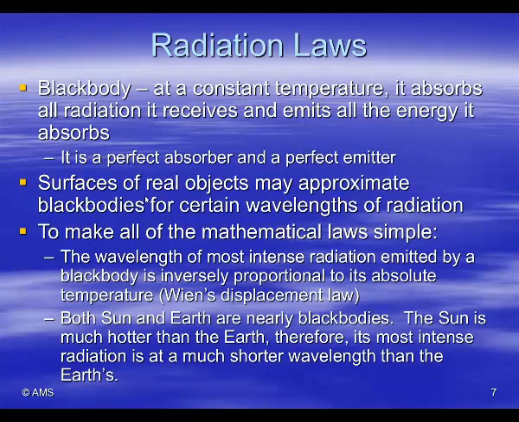So we need a few more definitions. One is a black body. A black body at a constant temperature absorbs all the radiation it receives and emits the energy it absorbs. So when we have a black body, it can accept all forms of energy. We call it a perfect absorber and a perfect emitter.